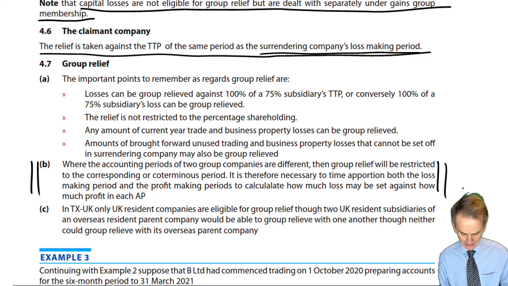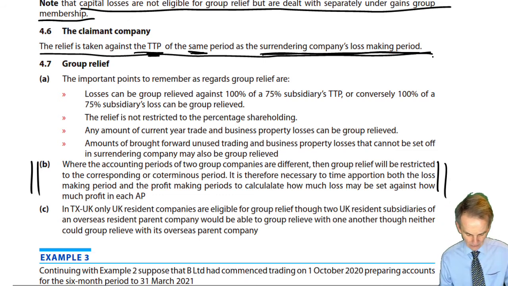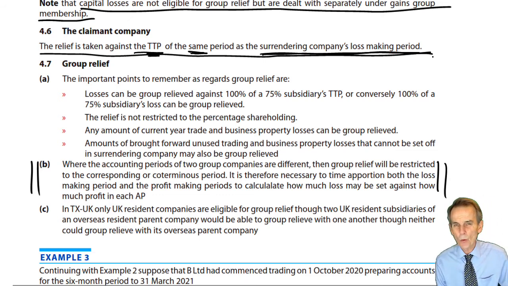And we'll be looking at that separately. So it must be relief taken against the TTP, taxable total profit, not total profits. Remember what that is: total profits less qualifying charitable donations paid, of the same period as the surrendering company's loss-making period.